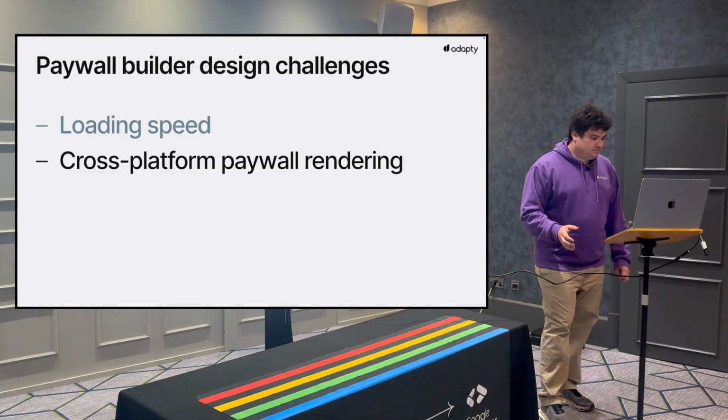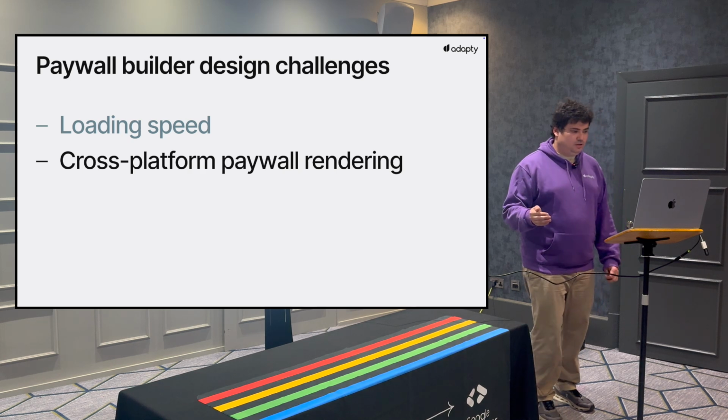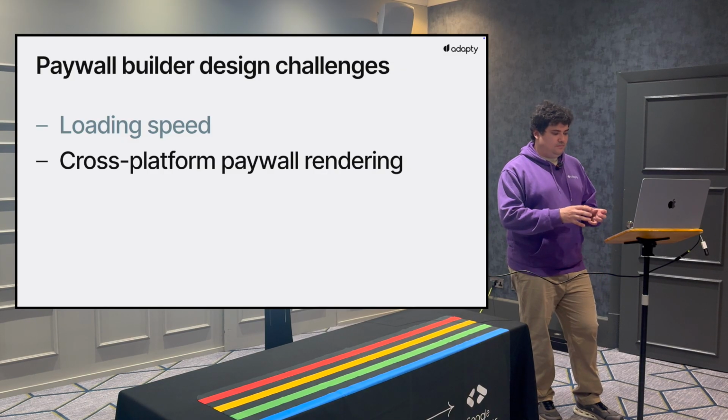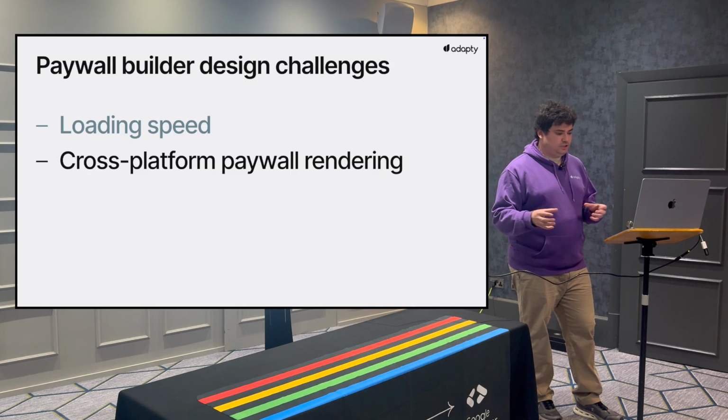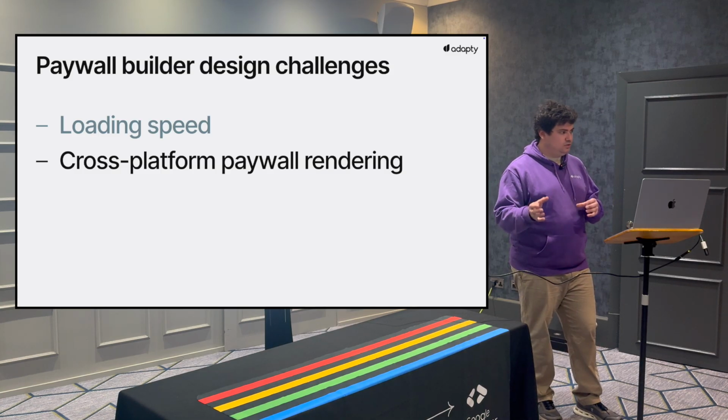The second pretty big challenge was to develop cross-platform paywall rendering. Because we teach HTML, we had to design the system ourselves, and we wanted to design it in a way that it will be very flexible. So we can use nesting, we can use automatic layouts, or we can use absolute layouts.